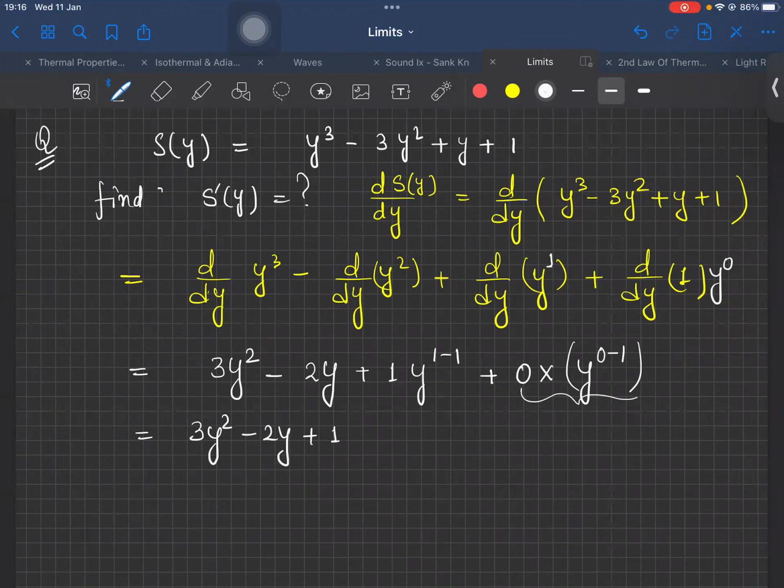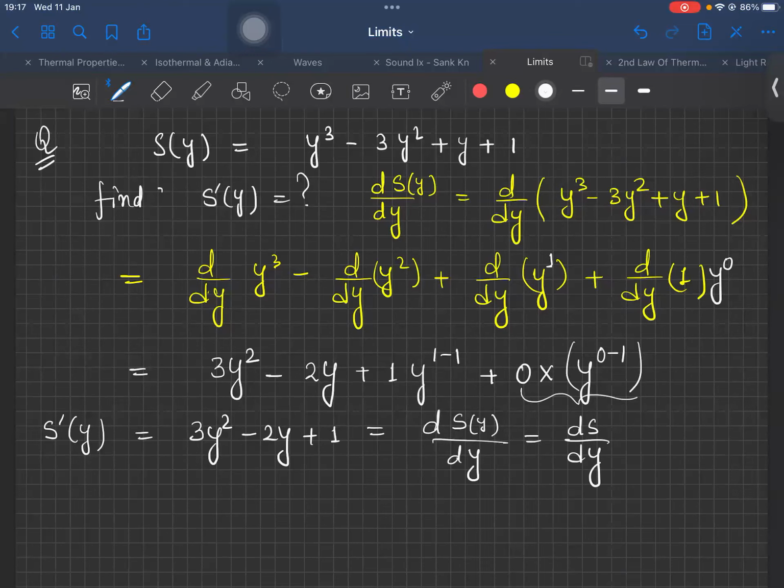So this is the derivative of function s with respect to y. See, I have used this dash notation. You can also write this as ds of y upon dy, or simply ds upon dy. We are differentiating s with respect to y.